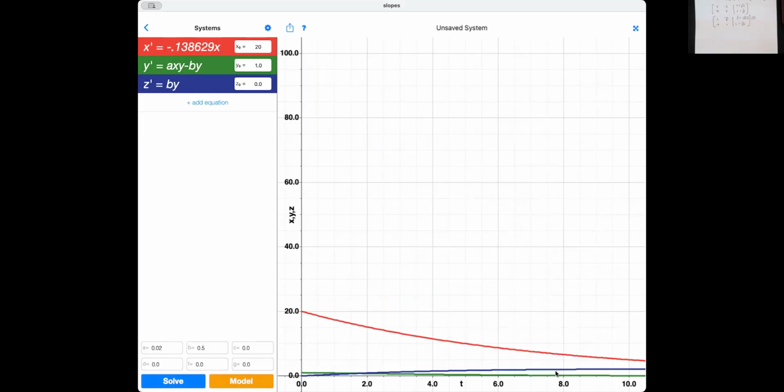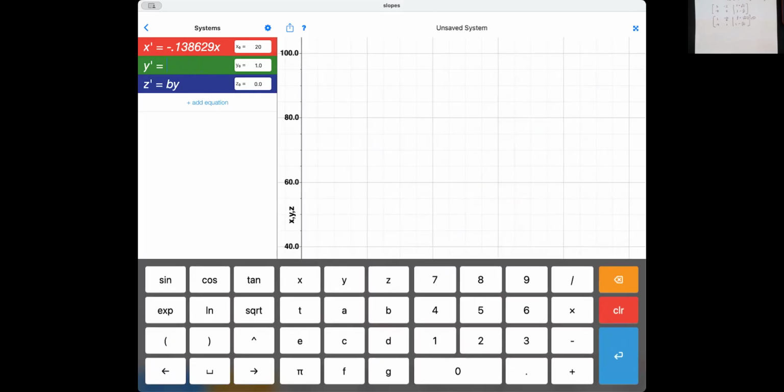And that's decaying the way yours was, right? Now let's look at y prime. The setup says y prime equals the same number, now positive x. So 0.138629 x minus the second number, minus 0.004951 y.